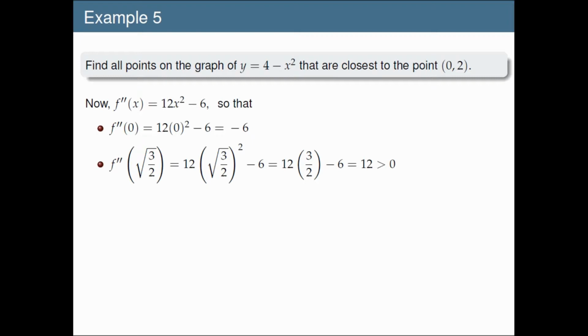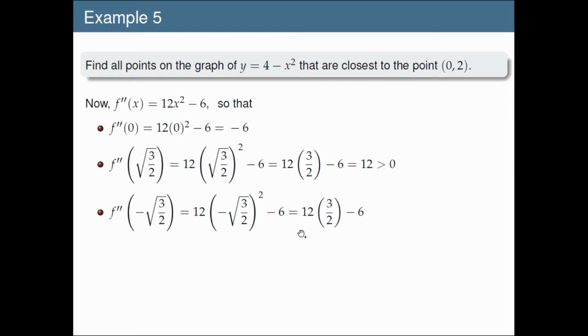If x equals negative square root of 3 halves, ito naman yung value ng f double prime. This is equal to 12 times 3 halves minus 6, also equal to 12. That is greater than 0.